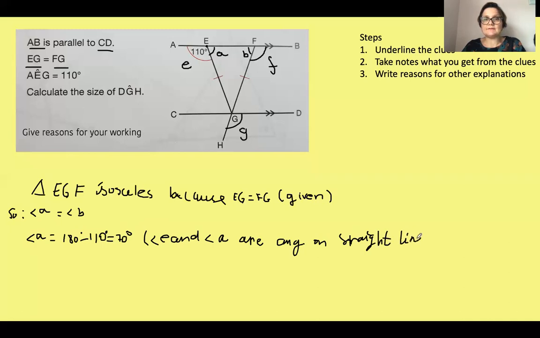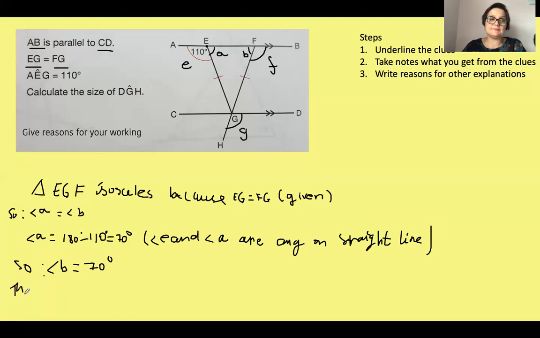Just like that. All right? And that means angle B is 70 degrees. So angle B equals 70 degrees because I said it before, from here, 70 degrees.